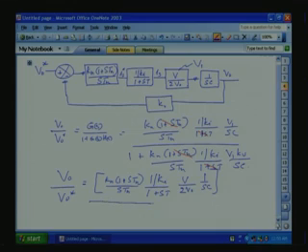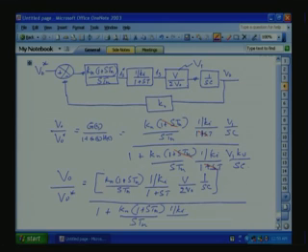Divided by 1 plus G(s) H(s), that is again 1 plus Kn into (1 plus S Tn) divided by S Tn, 1 by Ki.